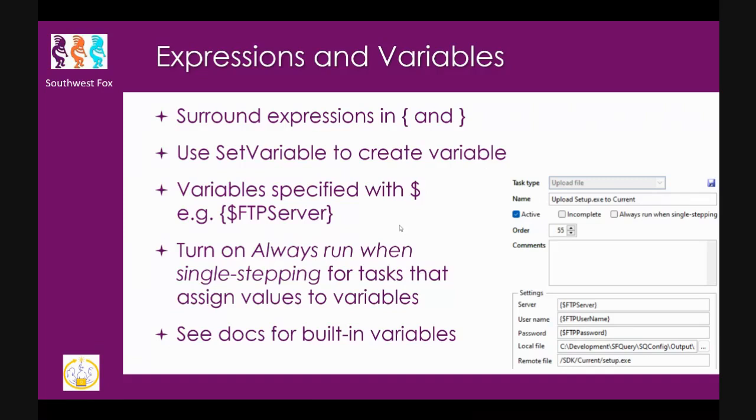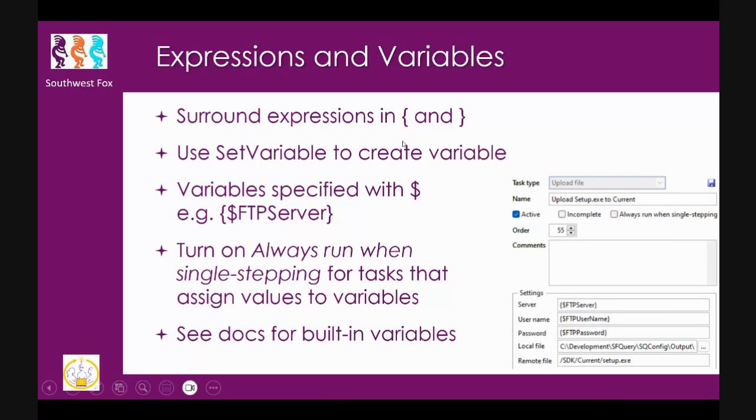And so DeployFox supports expressions. So you simply surround your expressions in these curly braces. I think Rick Strahl and other people call those mustache syntax. So we'll use mustache syntax for expressions. So you can see in the screenshot here that we've got some curly braces, and every setting can accept an expression instead of a hard-coded value.